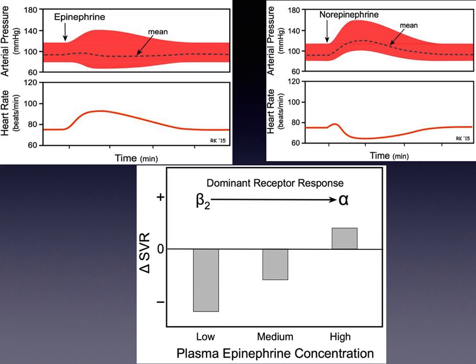So if a medium concentration of epi was given alongside an alpha adrenal receptor blockade, then the vascular beta 2 adrenal receptor activation would be unopposed by the vascular alpha adrenal receptor activation. That causes hypotension because of the vasodilation that comes from the beta adrenal receptor.